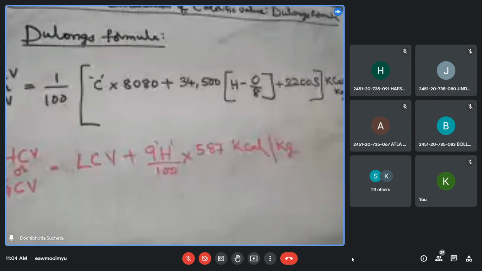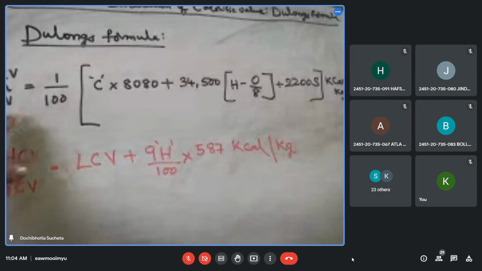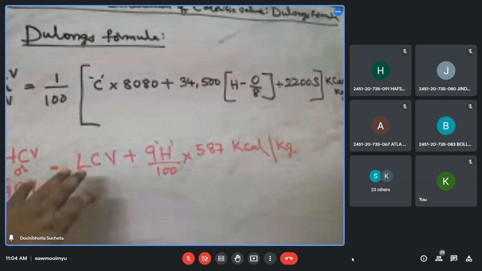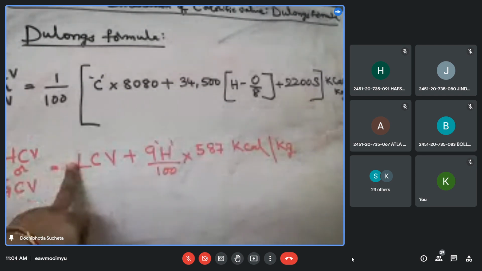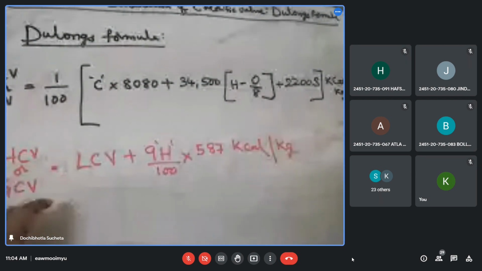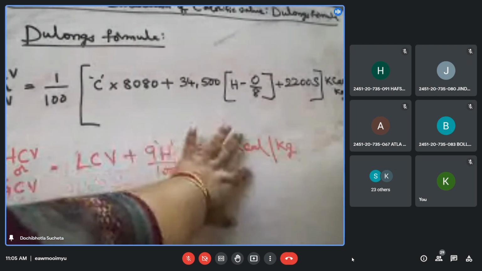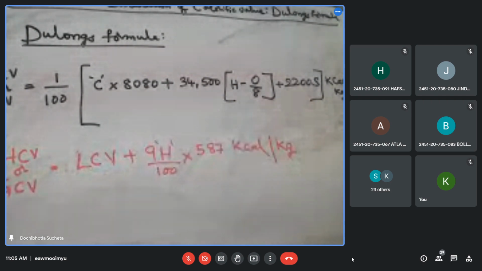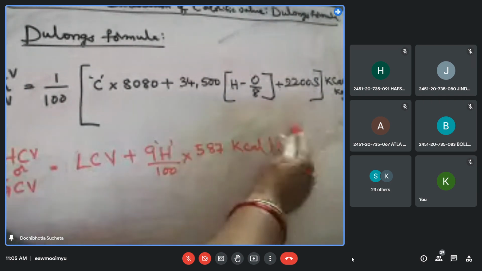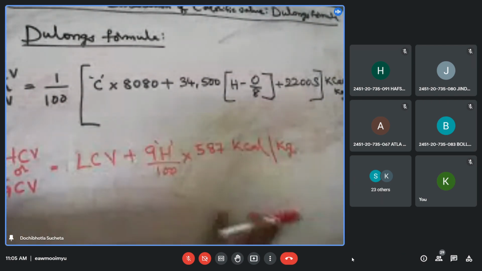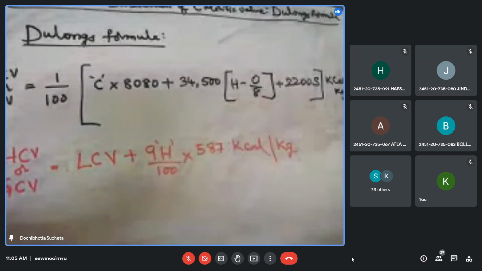What you will get from Dulong's formula is the HCV value. And that HCV value can also be obtained like this. How? In the last class I told you HCV is equal to LCV plus latent heat of condensation of steam. Now, I am going to explain what these new values seen here are.